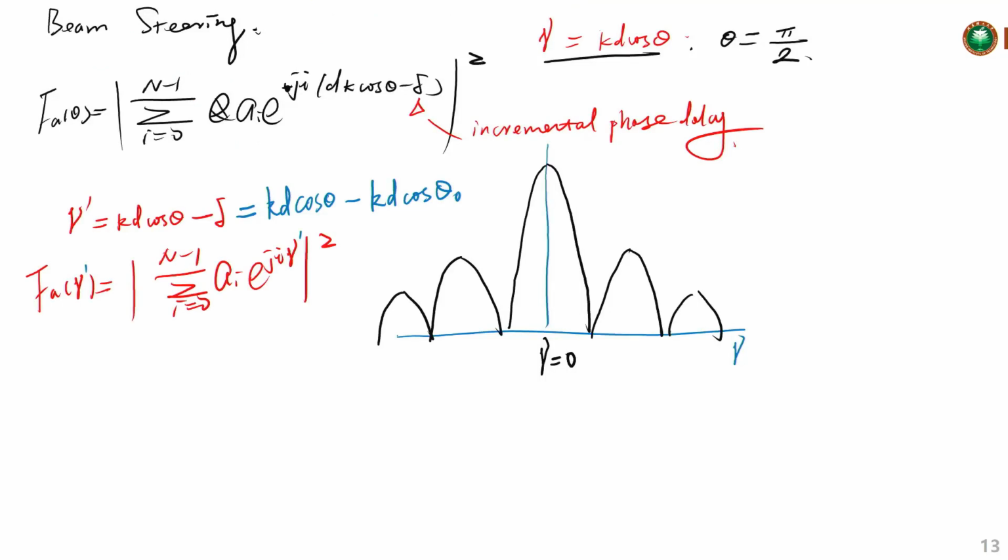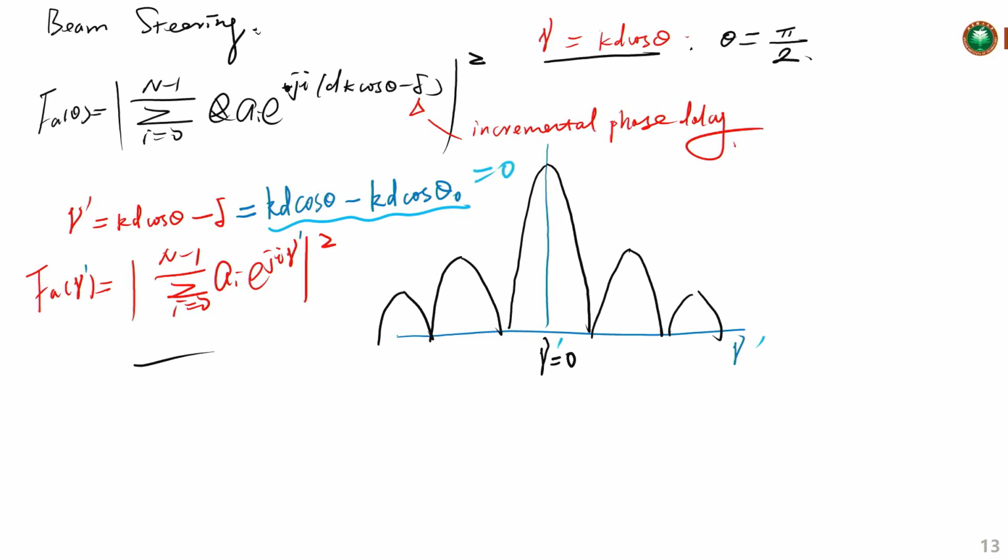However, for this condition, if we want to change the broadside direction here, we want to set it to be 0. That means this term equals 0. All right.